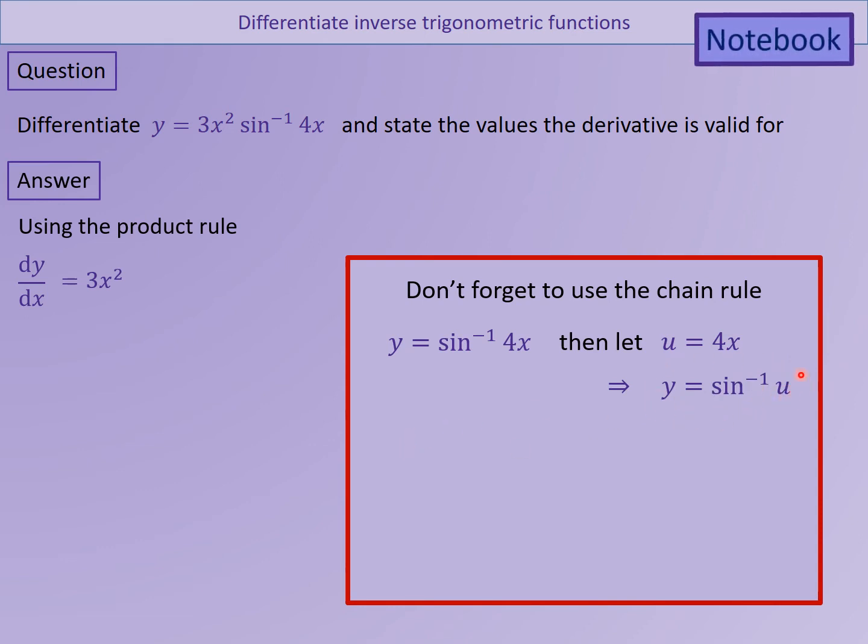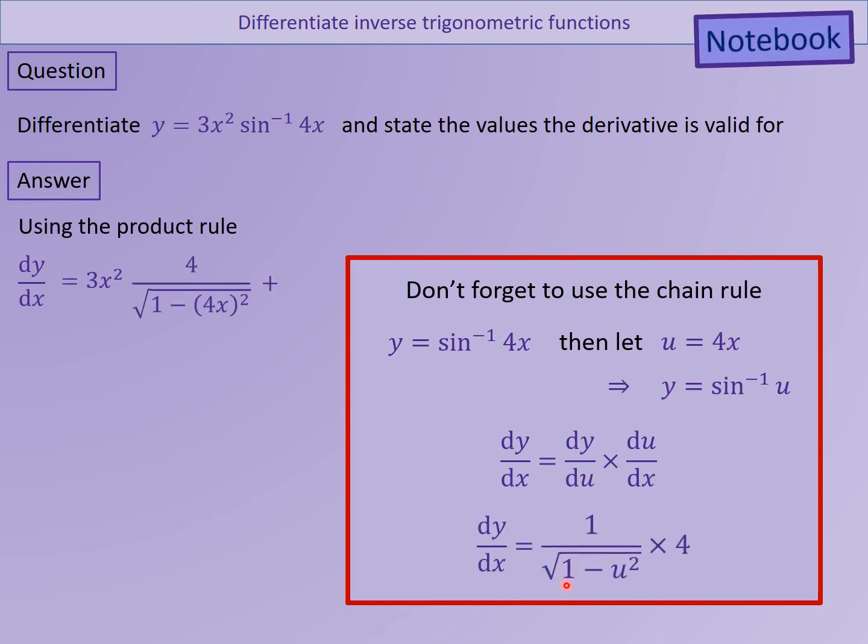At this stage, you can use your formula books. If I differentiate y equals sine to the minus 1 of u, I can use my formula and get 1 over the square root of 1 minus u squared. So I differentiate this function and get 1 over the square root of 1 minus u squared straight from my formula book.